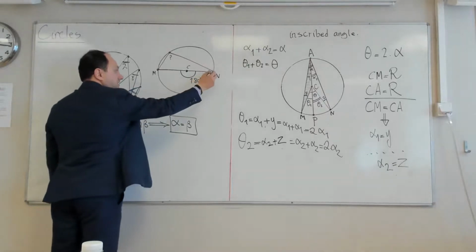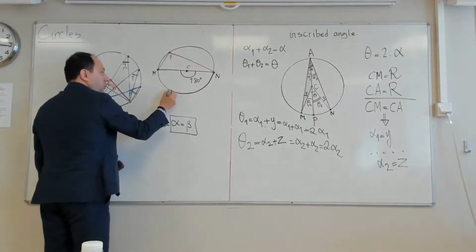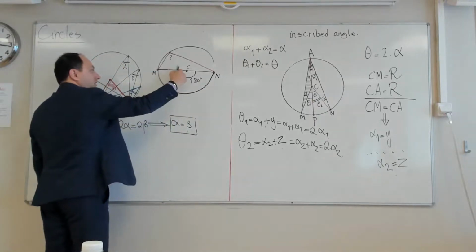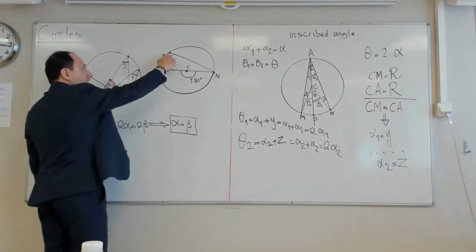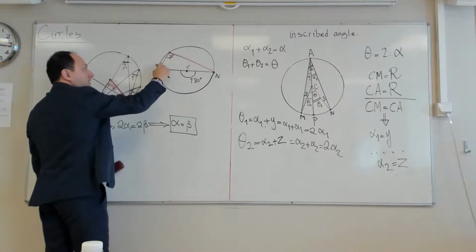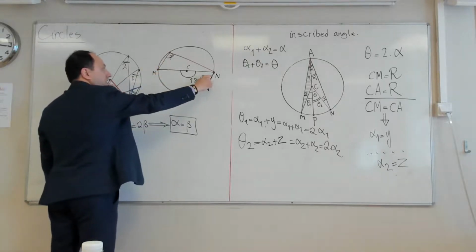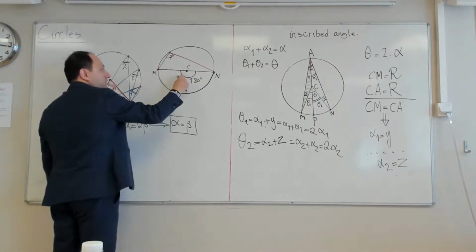If I ask you, what is the arc subtended by this central angle? You would say this arc is the arc subtended by this central angle. What is the arc subtended by this angle? Again, the same arc. Do you see? The same arc is opposite to this central angle.